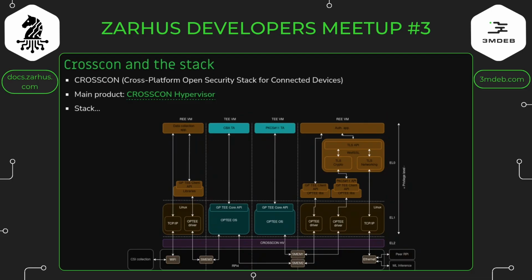It is the custom application that will gather the CSI, which stands for Channel State Information data. It's the information about the physical capabilities of the signal, and it sends those to another entity I will talk about on the next slide.